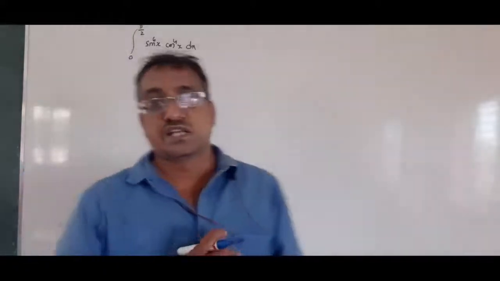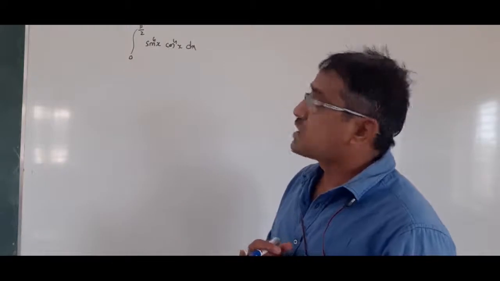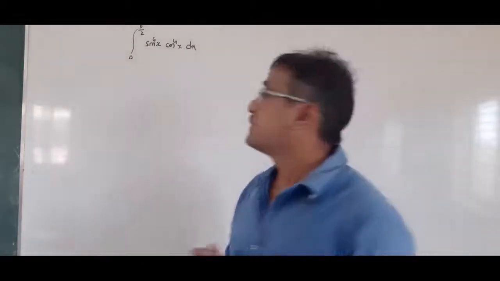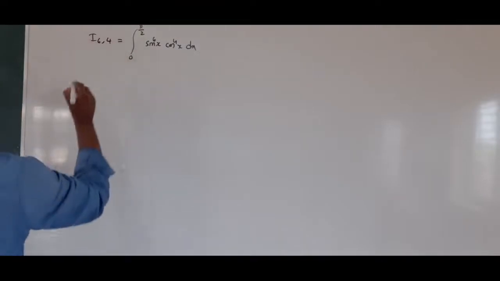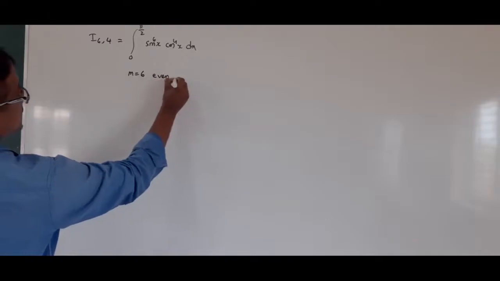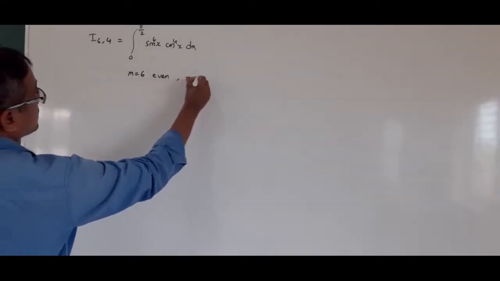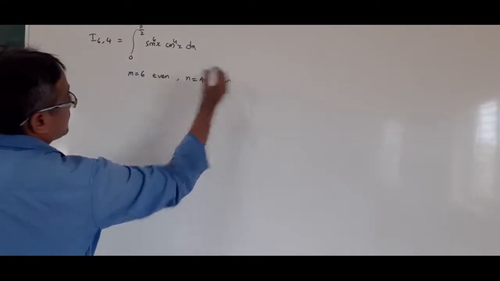Now let us consider a problem: integral 0 to pi by 2 sin power 6x into cos power 4x dx. Now let I(6, 4) be equal to this, where m is equal to 6, which is even. When m is even, you have to check n also. It is also even.